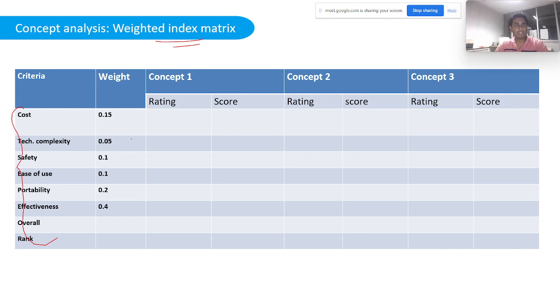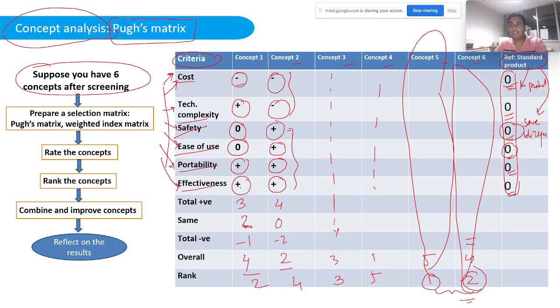For example, when you provide a score across each of these criteria, first you need to define a scale. For example, cost you will rate 1 to 5, technical complexity you will rate 1 to 5. So all of these criteria will have a scale of 1 to 5. Now for concept 1, in the weighted index method you do not need any standard product to compare with.